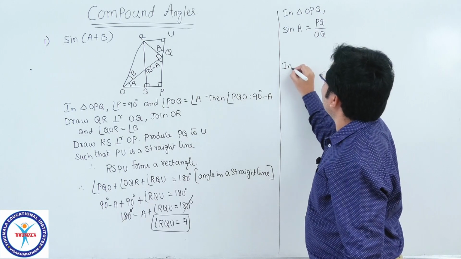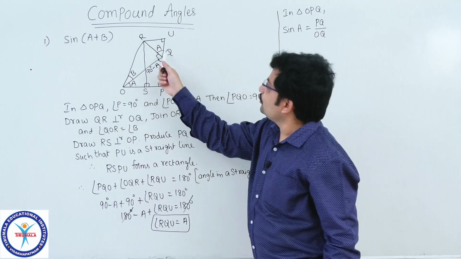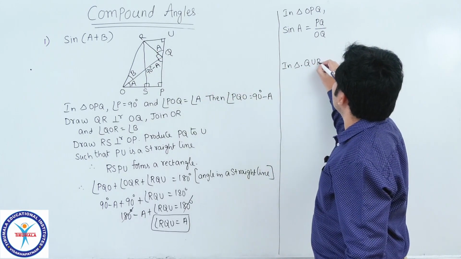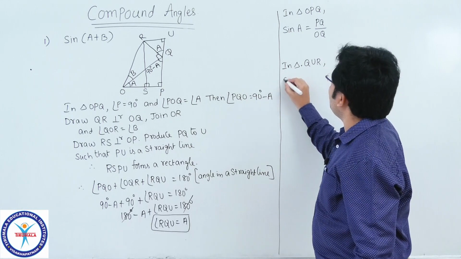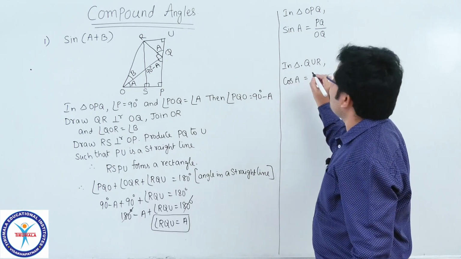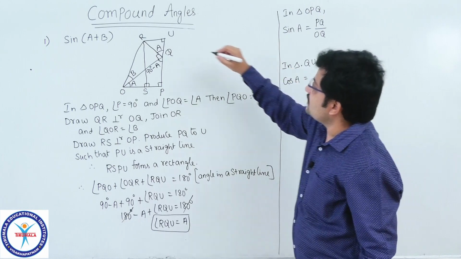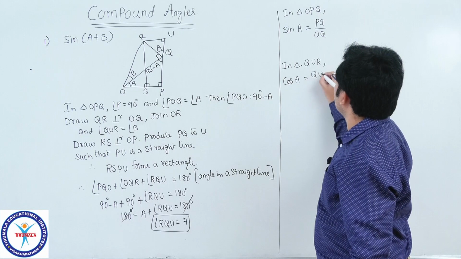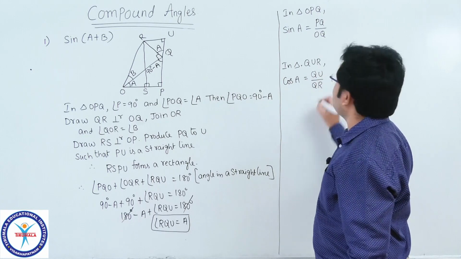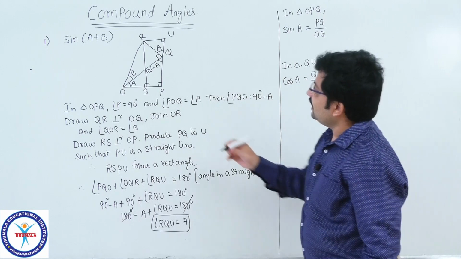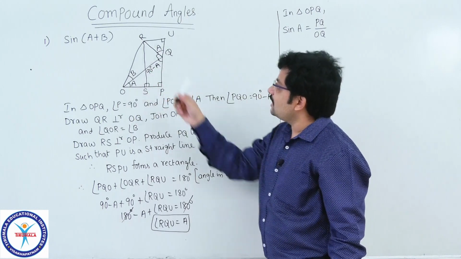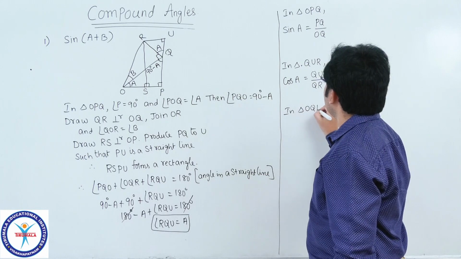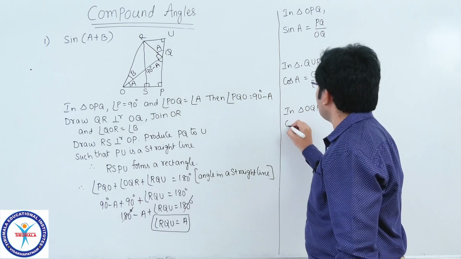Also in triangle QUR, what is cos A? Cos A is adjacent side by hypotenuse, that is QU by QR. Similarly, in triangle OQR, what is cos B?